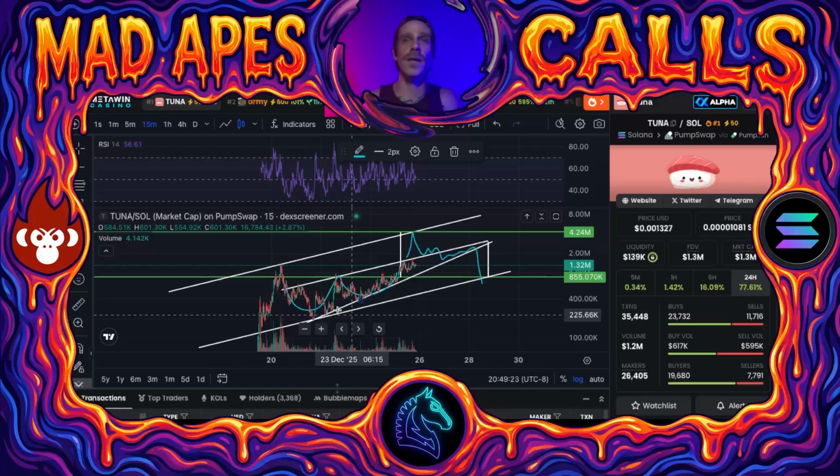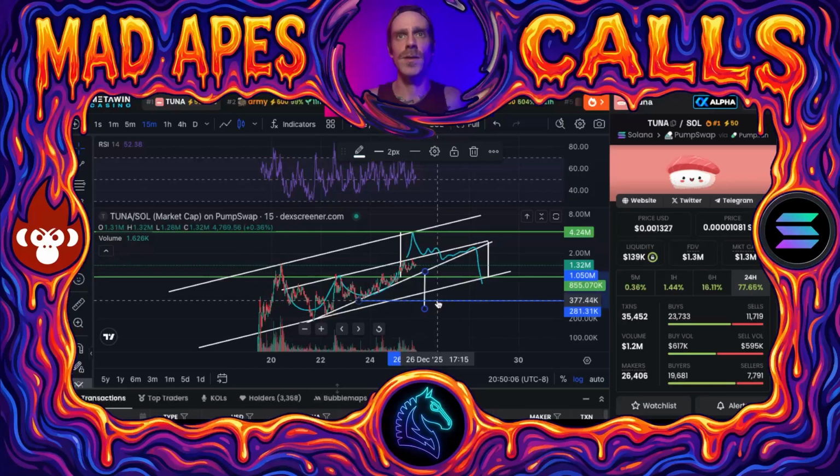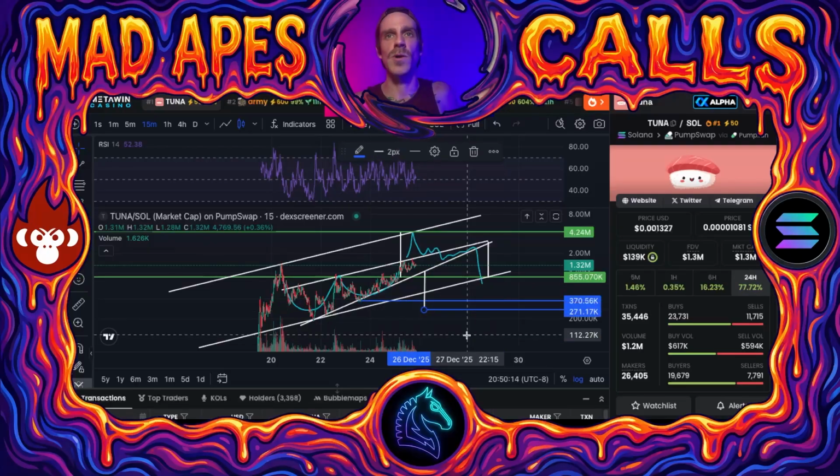There's a chance that what I just talked about doesn't happen too, and this rising wedge in the middle drops sooner, which is statistically more likely to happen.